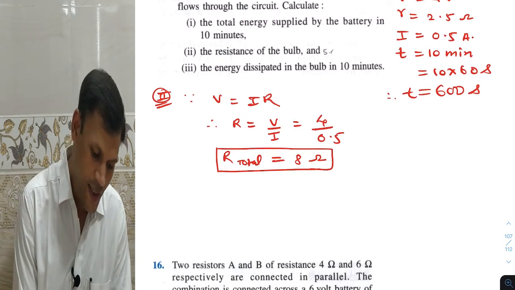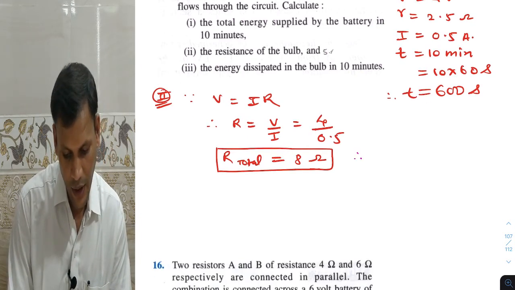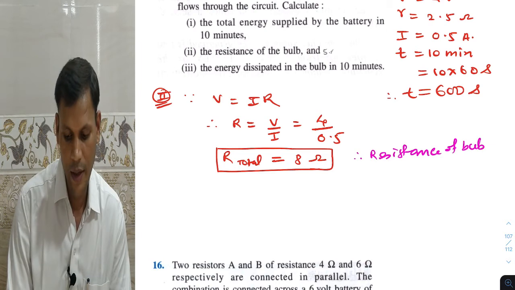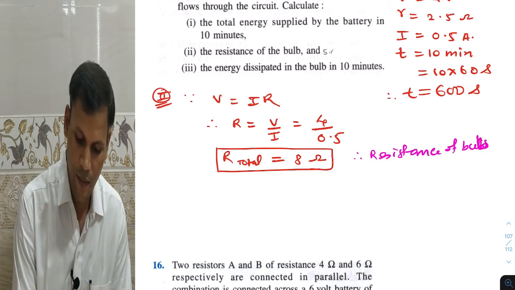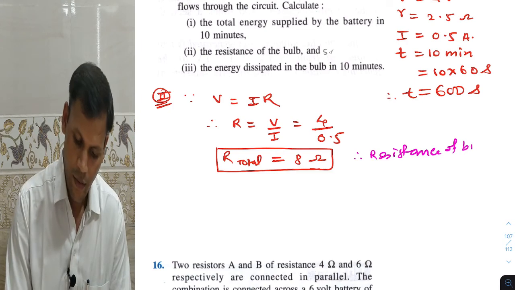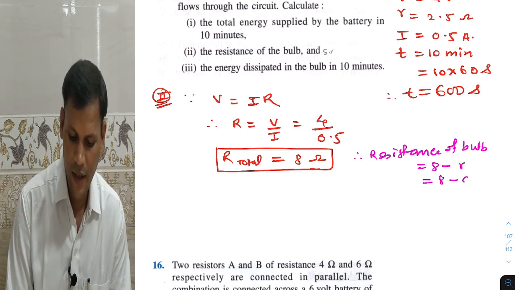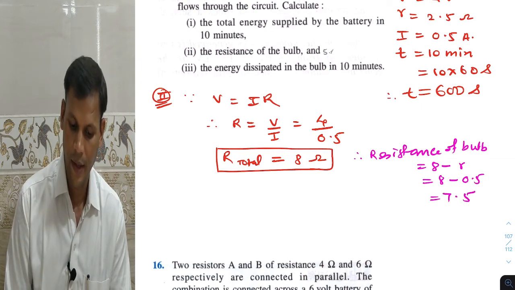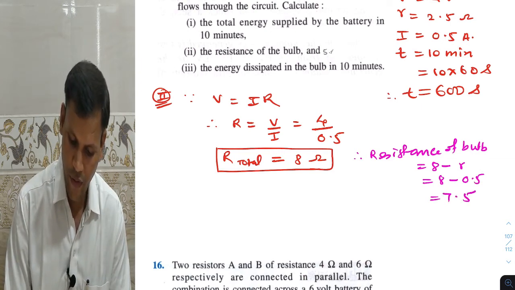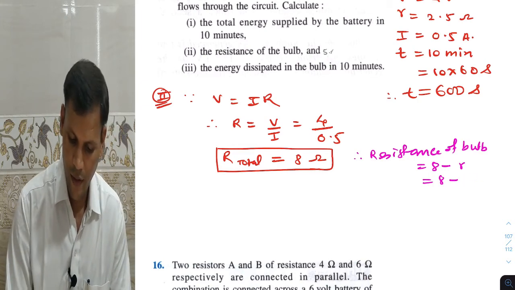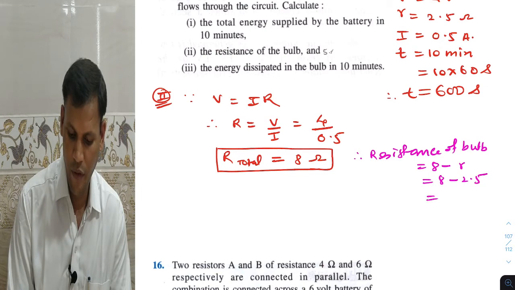So therefore resistance of the bulb will be 8 minus internal resistance, which is 8 minus 2.5, that will be 5.5 ohm.